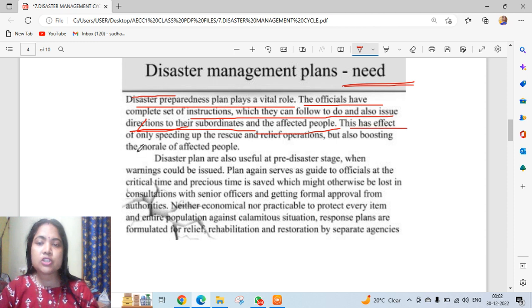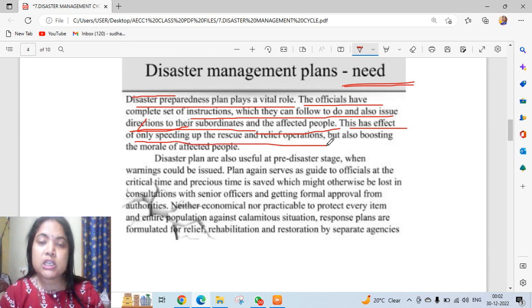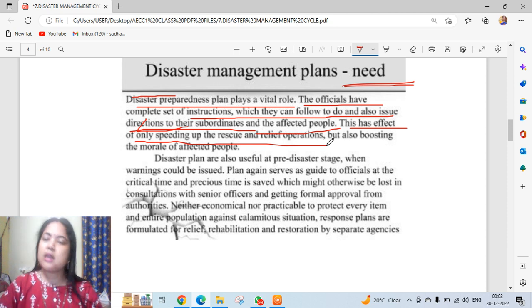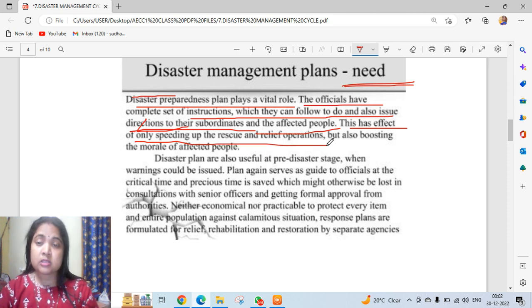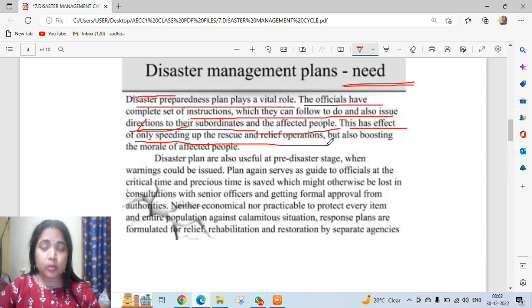Such a plan has the effect of speeding up the rescue and relief operation, because after the disaster, as I discussed earlier, the victims of the disaster need the assistance of government, international agencies, and other states.